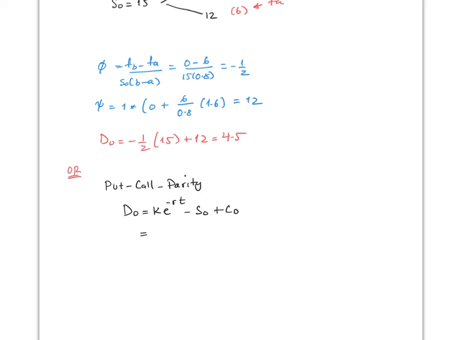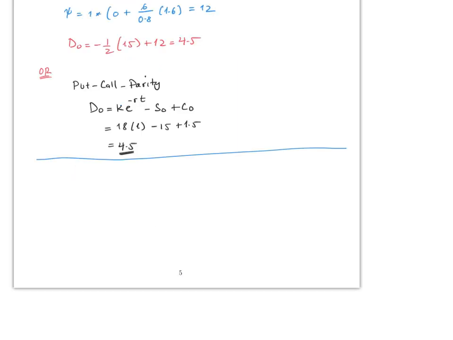So in our case, this will be 18 times 1 minus 15 plus 1.5, and you end up again with exactly the same thing, which is 4.5. All right, let's do one more example.